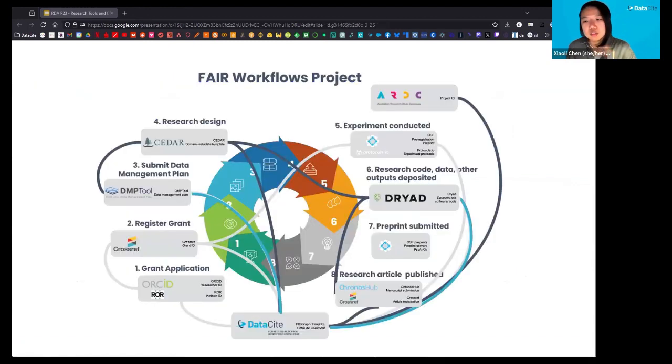So as I mentioned, I led the FAIR Workflow project, which just entered its 4th year. This was originally a 3-year project. Now we have an extension of 2 years to validate the previous workflows we have formulated.